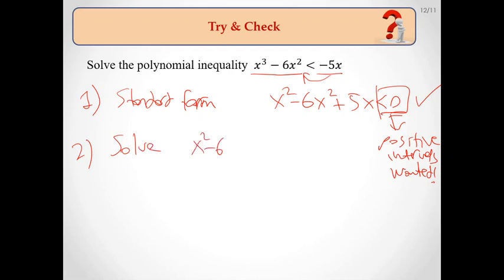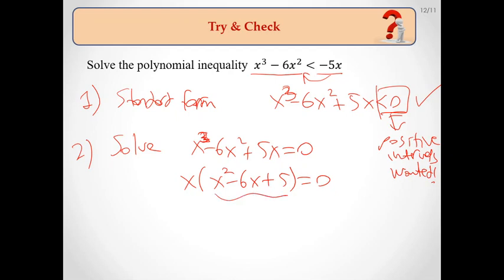Now the second thing is solve. x cubed minus 6x squared plus 5x equal to 0. Okay, this is x cubed, sorry. You can factor it. The solution method is generally factoring. You can use quadratic here as well, but we can factor this one as minus 5 and minus 1.